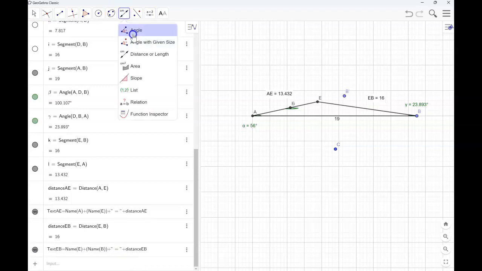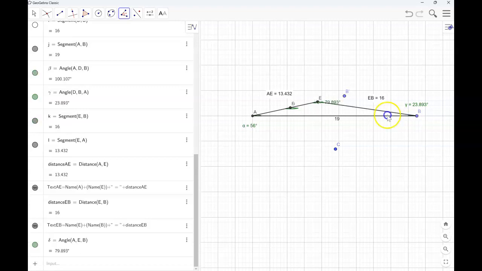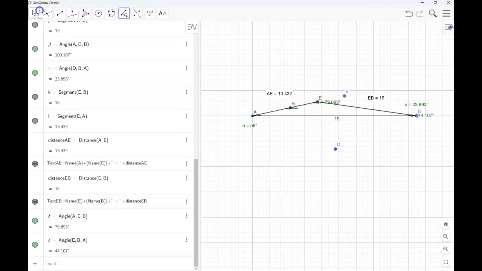And I look at the angle measures, so this one, this one, this one, there's my 79.89, and then this one, this one, this one, there's my 44.11. So there's how the two triangles are possible.